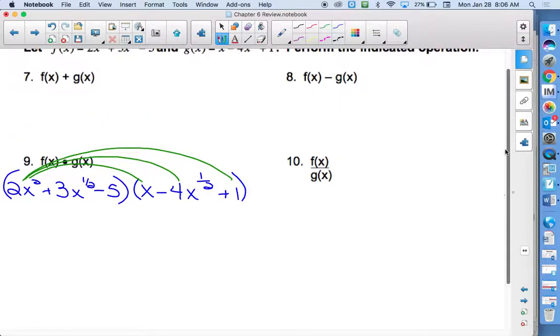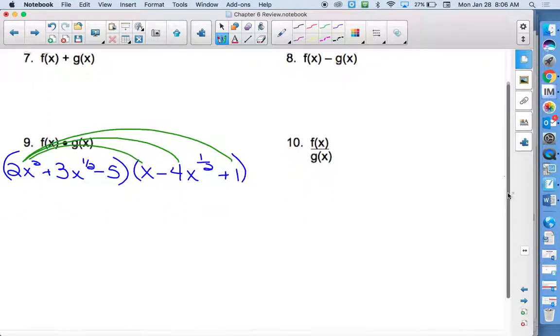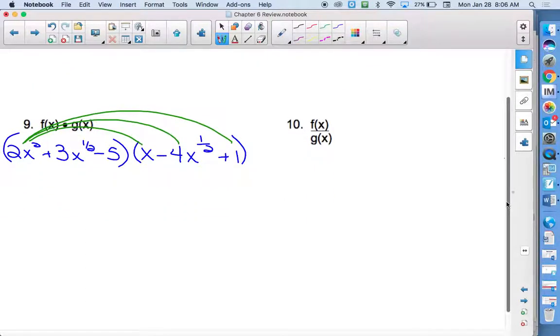I want to make sure I have them written correctly. So Julie, if we distribute 2x squared to the second set of parentheses, that gives us 2x to the third. And then minus 8x plus 2x. So we have an x squared and an x to the 1/2.